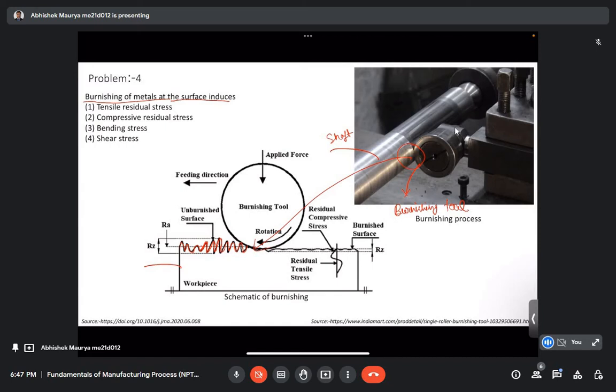But if we do the burnishing process, this is our burnishing tool, and we are deforming the shaft or the workpiece with its help. It is rotating over the workpiece, and at the same time we are applying some normal force.